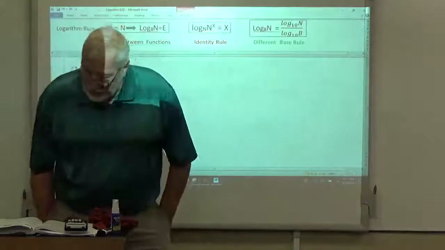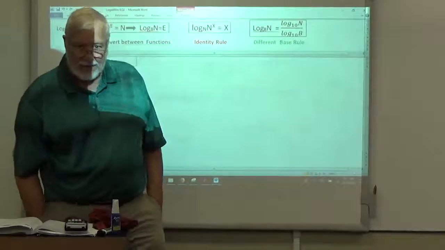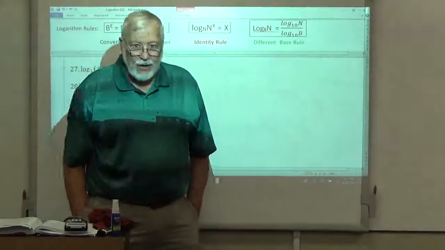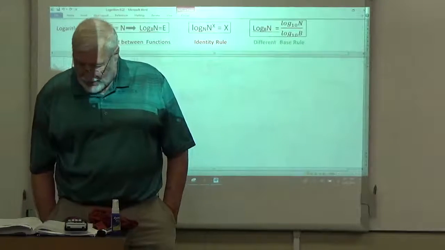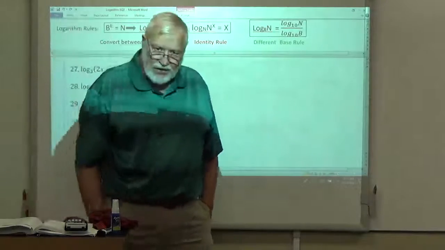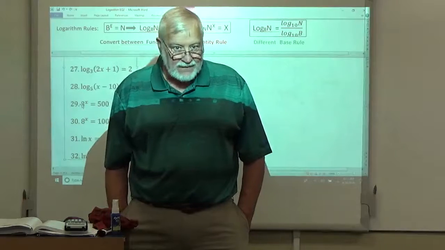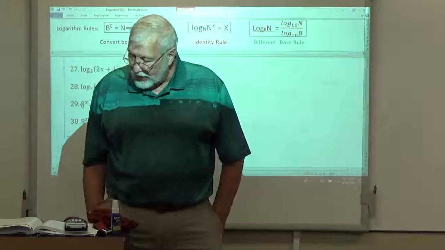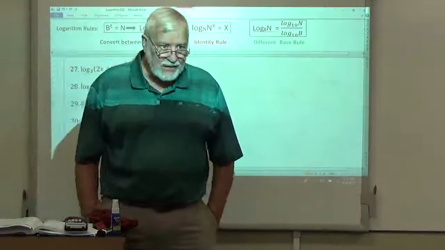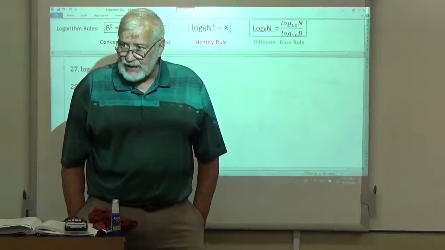So, problem 13. The only things you have are log 2, log 3, and log 5. That's the only information you know. So, what is 10? Isn't 10 2 times 5?